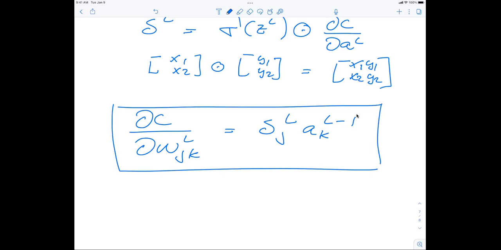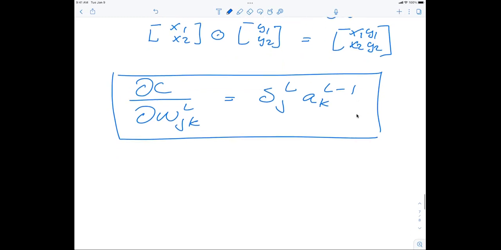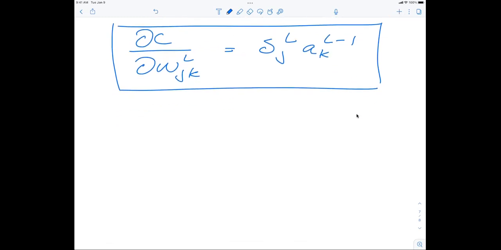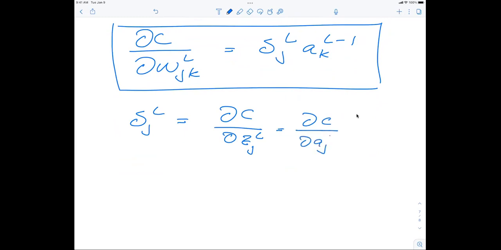Now, another thing, and I leave that as a small exercise to you to show that. So let me give you the intermediate steps. So this delta_j^L is actually given by dC/dz_j^L. And this is something which we can rewrite in terms of the chain rule, in terms of a_j^L, multiplied with the partial derivative of a_j^L with respect to z_j^L.